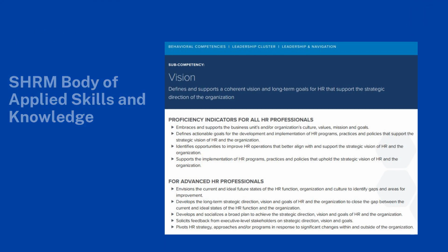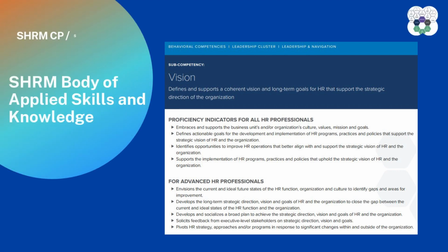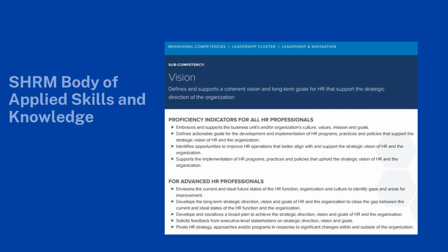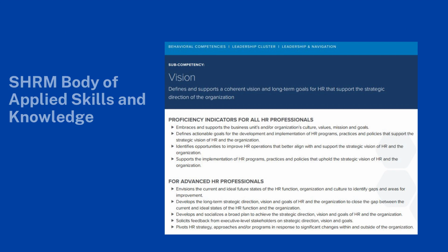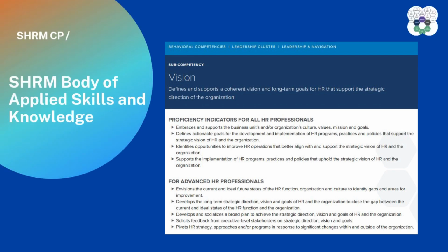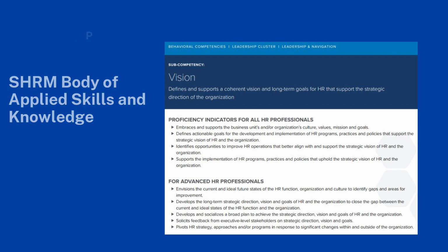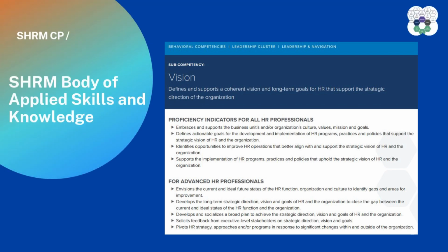SHRM competency. Vision. Defines and supports a coherent vision and long-term goals for HR that support the strategic direction of the organization. Proficiency indicators for all HR professionals. Embraces and supports the business units and/or organization's culture, values, mission, and goals.